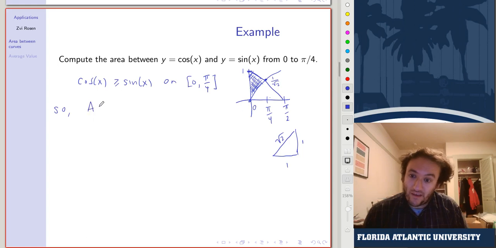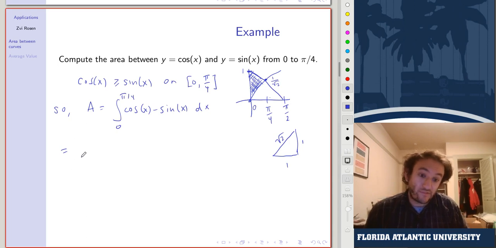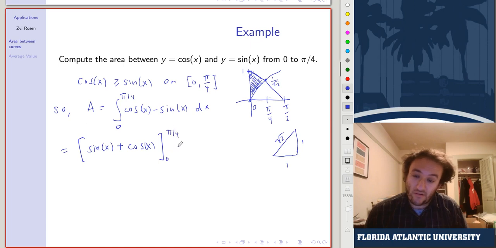So the area is equal to the integral of cosine of x minus sine of x dx, where this integral goes from 0 to pi over 4. Okay, so these are antiderivatives which we should be familiar with by now. This will be sine x minus negative cosine x, which gives us plus cosine x, evaluated from 0 to pi over 4.